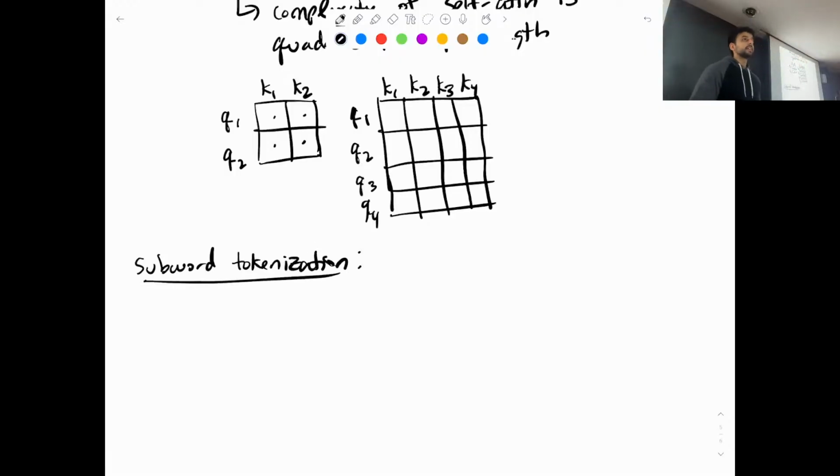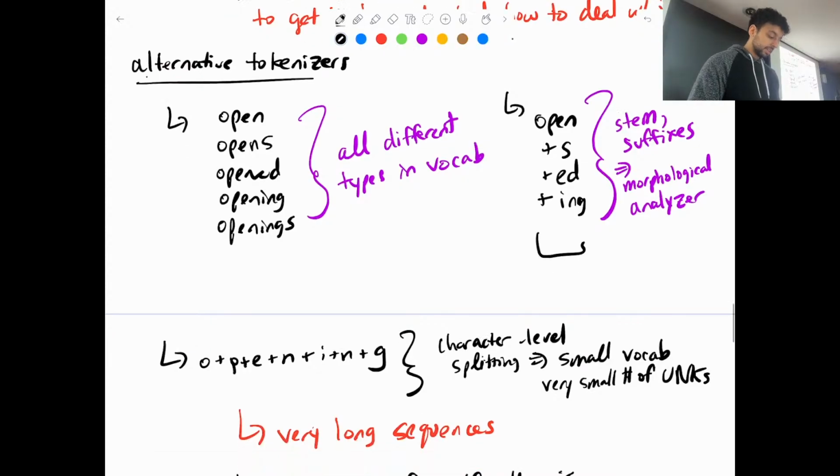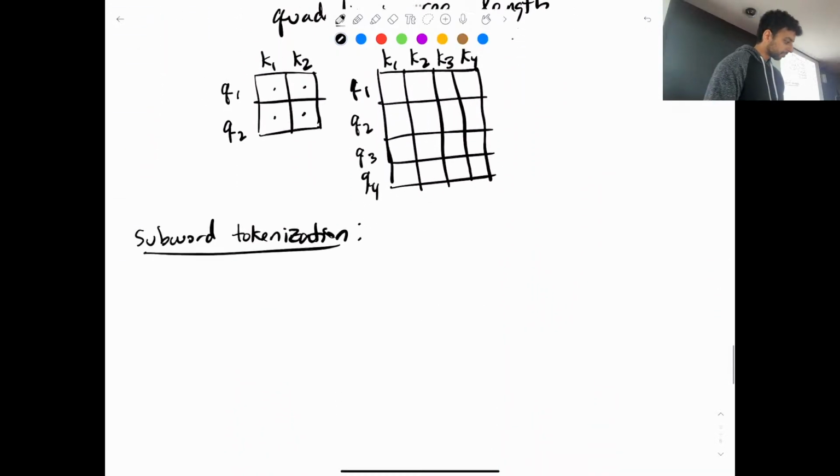And so this is similar to the case up here where we have like a word that is tokenized into different subwords, but not the constituent characters. We still have like a stem like open and then some other pieces of the word.